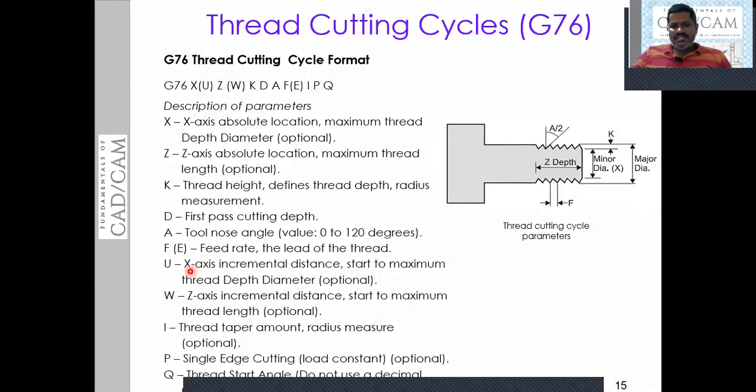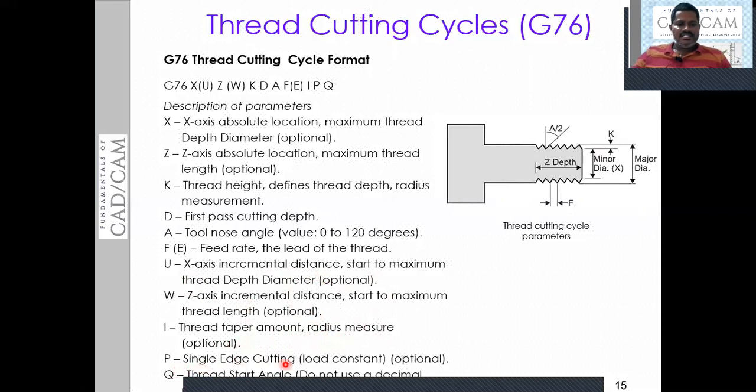So either in the x-axis dimension increment or the z-axis incremental distance, how much distance the tool needs to increment along the x-axis and along the z-axis. That also, if you want, we can provide, even with respect to the axis. So these two are also optional. Then thread taper amount. So what will be the taper amount? That also we need to specify. Radius measure, this is optional.